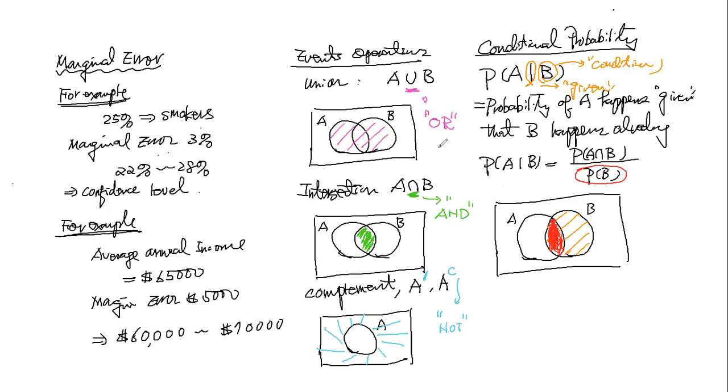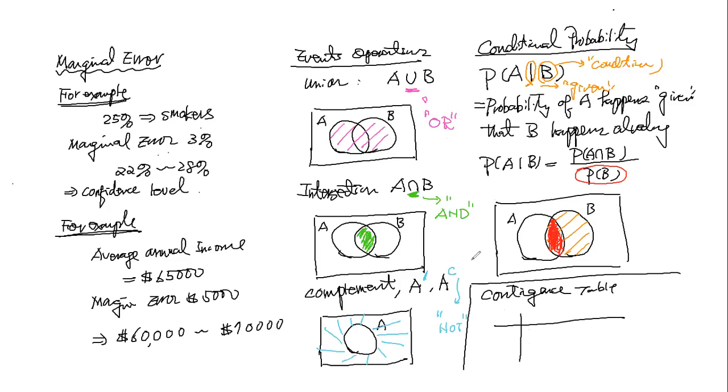And then the next thing we're going to talk about is the contingency table. So what is a contingency table? A contingency table is a table something like this.